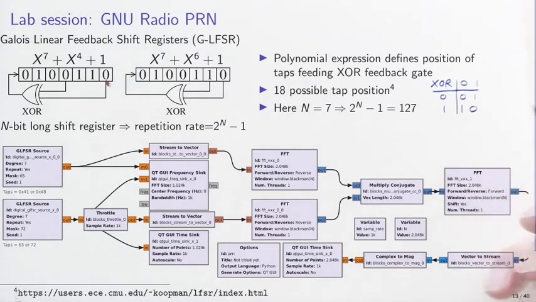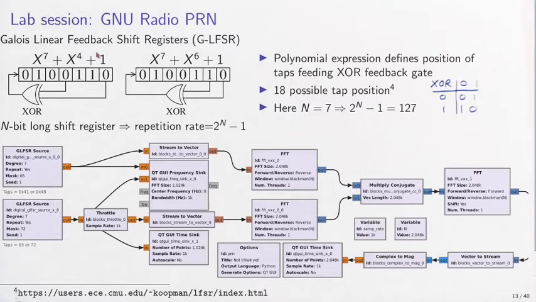This is the same as an addition with the carry function: 1 plus 0 is 1, 0 plus 0 is 0, and 1 plus 1 is 0 with a carry. So XOR is this truth table which will define the input here. And if you select the tap functions wisely, you can demonstrate that this sequence will not repeat any sooner than the length 2 to the n minus 1 for an n-long shift register.